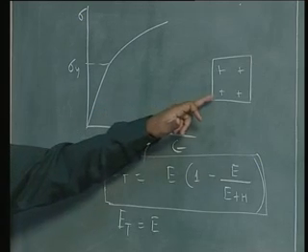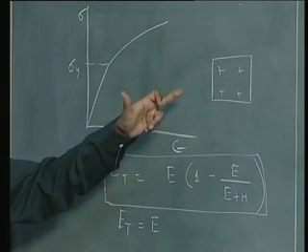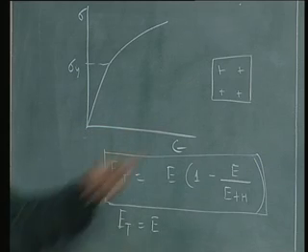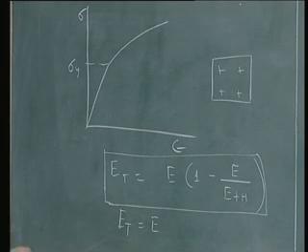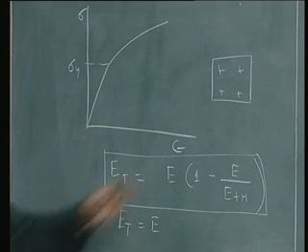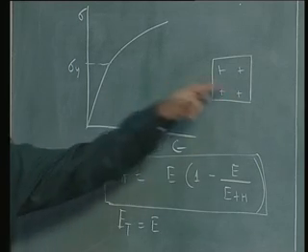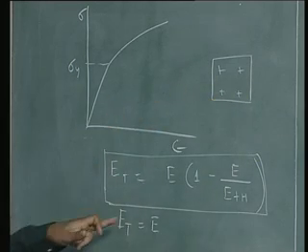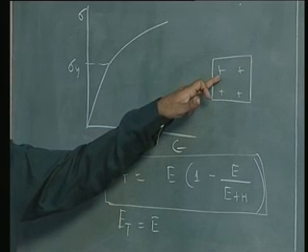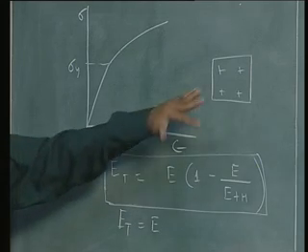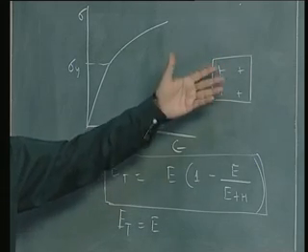It is quite possible that this Gauss point may be in the elastic region and this Gauss point may be in the plastic region, in which case when I calculate the stiffness matrix, when I come to this Gauss point I will use Et, and when I come to this Gauss point I will use E. Is that clear? Or in other words, there is going to be a jump even within an element.